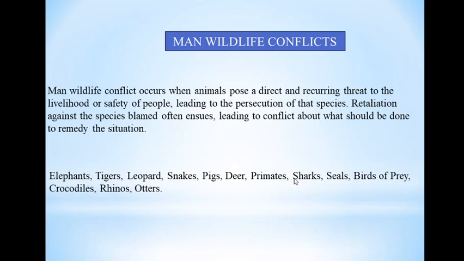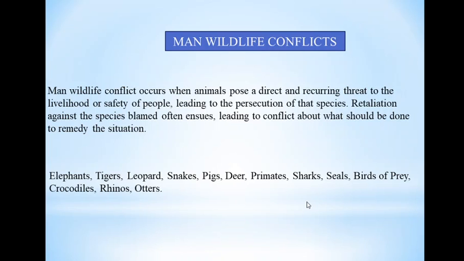They starve of food and face different problems, and they fight against the people. They pose a threat to the people's livelihood and safety, everything. Then it becomes a conflict between the wildlife and man.